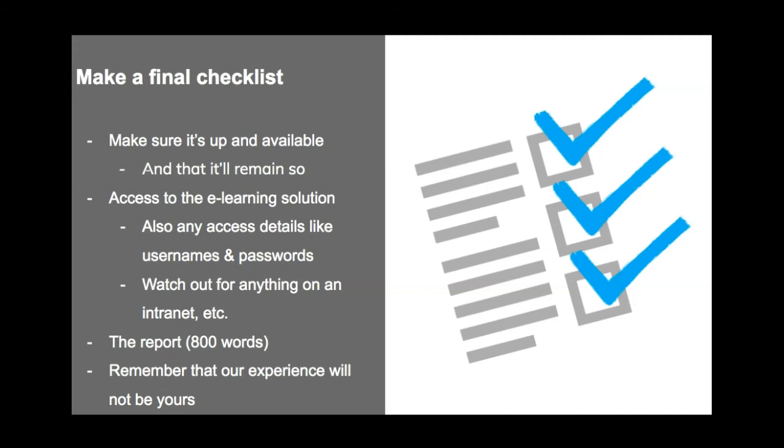And with all of this, remember that our experience will not be your experience. So it is important to give us everything that we need, firstly to access the e-learning solution, and to have an idea of where it's coming from, who it's for, and what happened with it, and all of that can be included in the report. So that's it really.